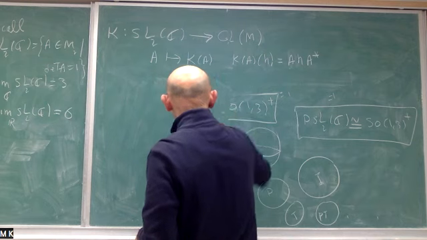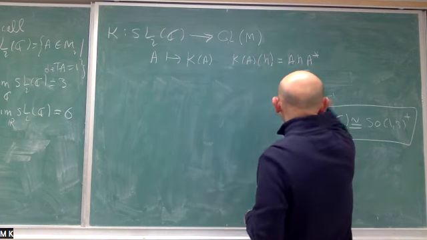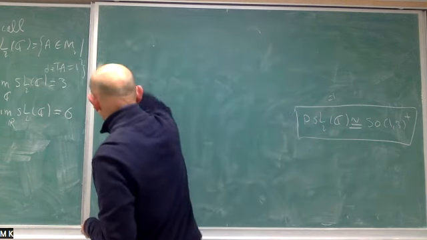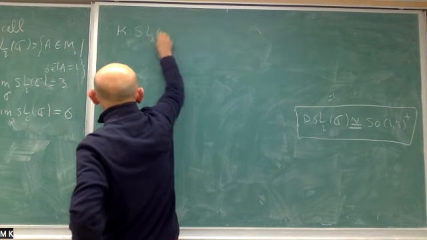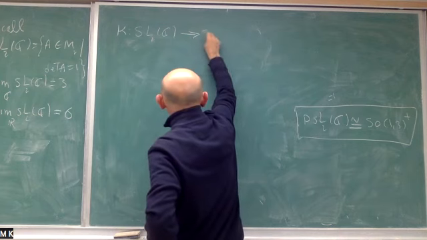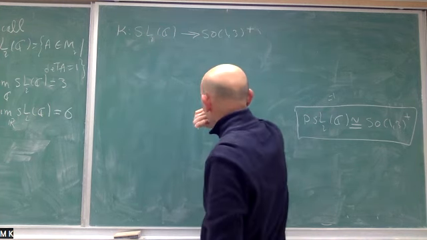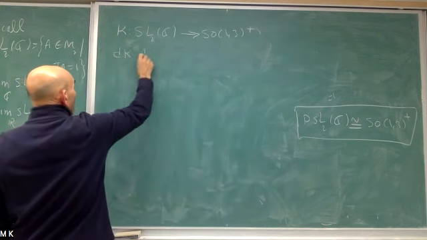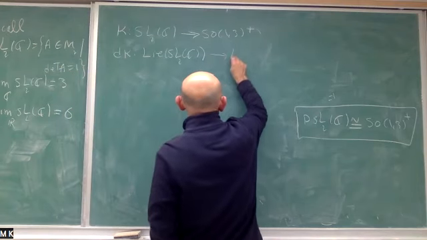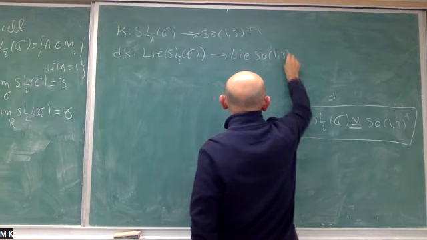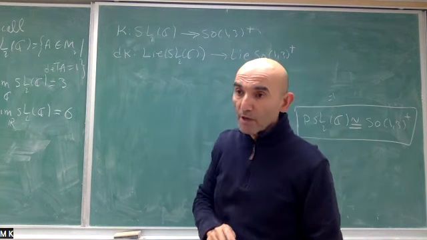Because this map K from SL(2,C) to SO(1,3) plus is a universal covering map, if you look at the differential of this map from the Lie algebra of SL(2,C) to the Lie algebra of SO(1,3) plus, obviously this map is going to be a linear isomorphism of real Lie algebras.